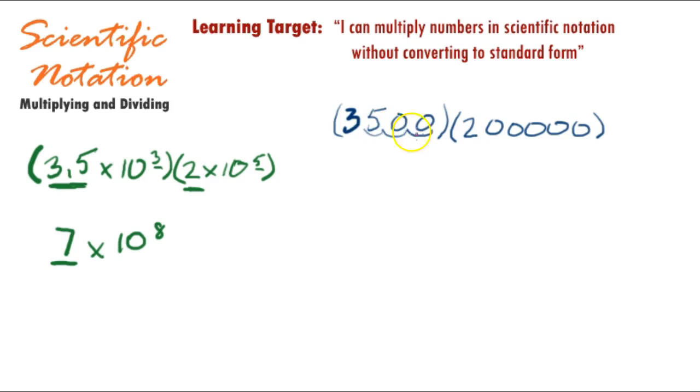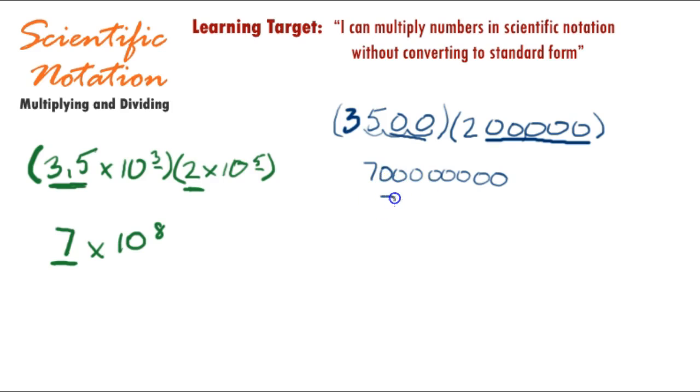So it's 3,500 times 200,000 really is what we have. If we remember from our multiplying big numbers rule, if it ends in 0, we can just ignore them for a little while. So we take these zeros, ignore them, just do 35 times 2, which is 70, and then add the zeros back on. So in total I have 1, 2, 3, 4, 5, 6, 7 zeros.